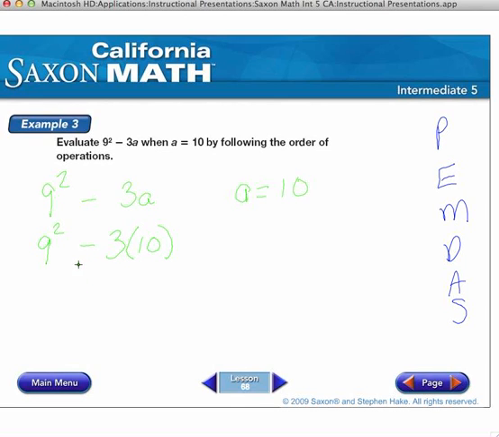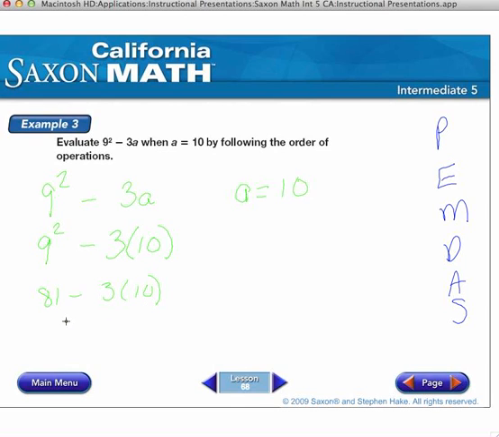Okay, now I can solve for my PEMDAS. So parentheses, this really doesn't count as parentheses because in this instance it counts as multiplication. Okay, so I'm going to start with my exponents. 9 squared, 9 times 9 is 81, minus 3 times 10.